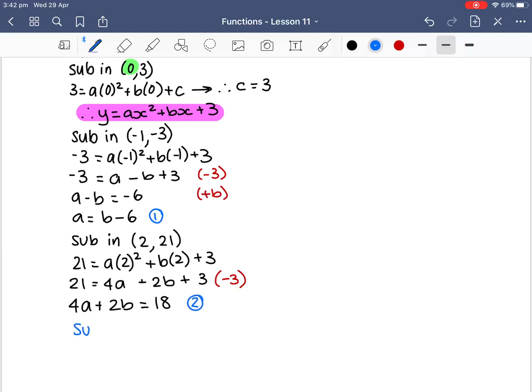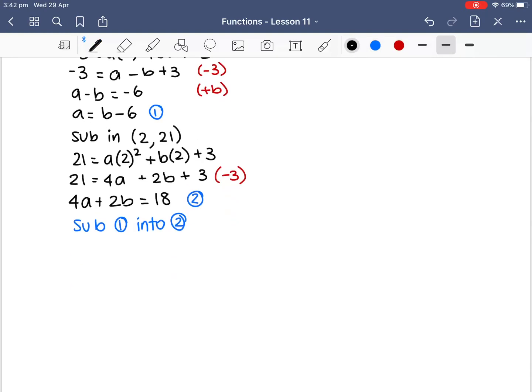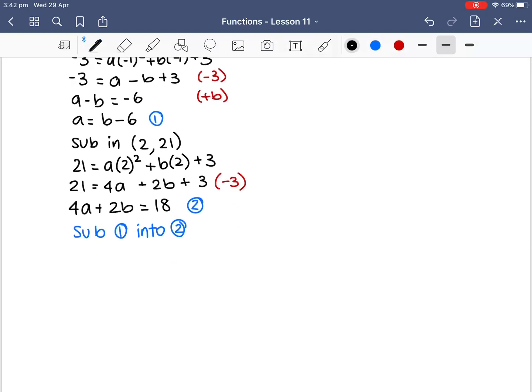We're going to sub equation 1, a equals b minus 6, into equation 2. Wherever there's an a in equation 2, we substitute b minus 6. So we have 4 bracket b minus 6 plus 2b equals 18, and we're now solving this for b. So we have 4b minus 24 plus 2b equals 18.